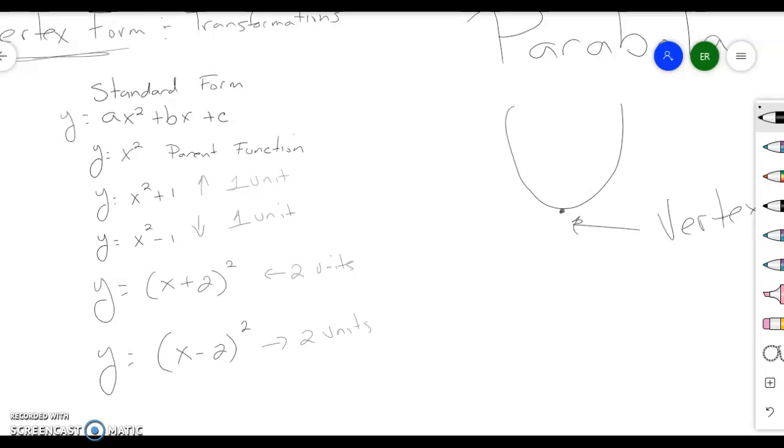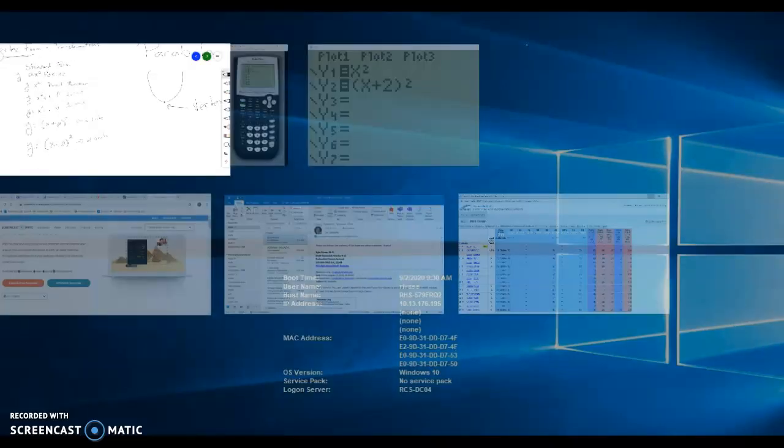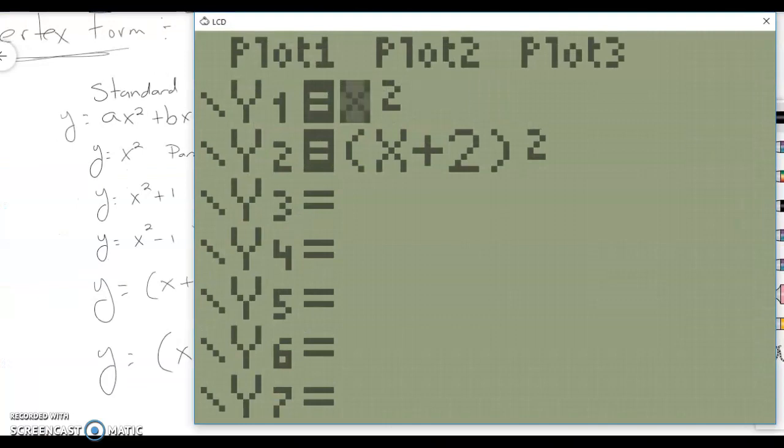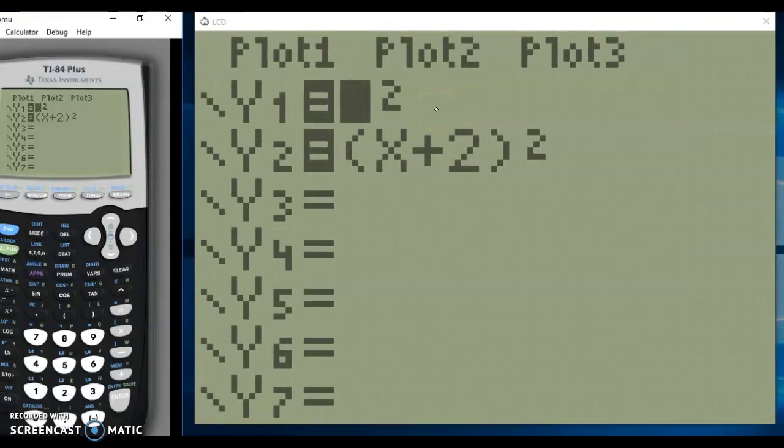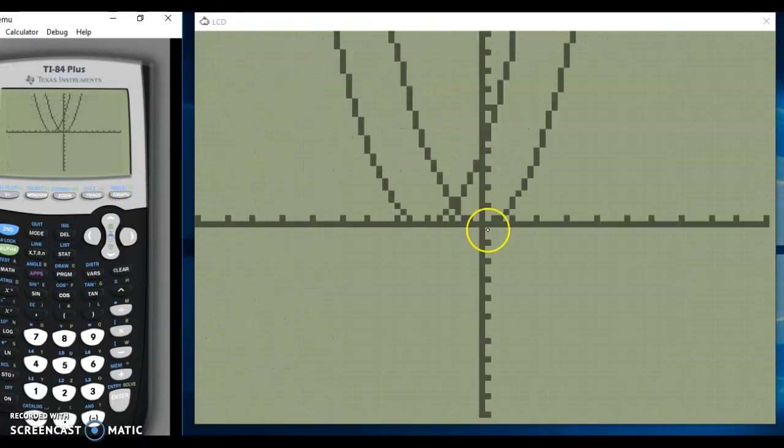What I want you to think about when you're looking at these graphs is to think of it as if this is on a computer screen and I grab this graph with my mouse by the vertex here and slide it up or down, left or right. The actual image of the graph is not going to change.